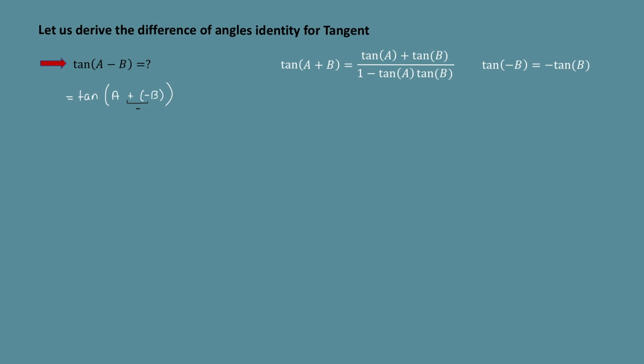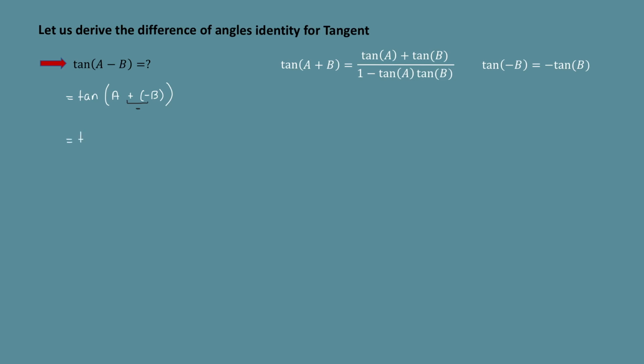But now that I have a plus over here, I can think of adding two angles. The first angle remains the same, angle A. The second angle will be negative B. So A plus negative B. And now I'm ready to apply this identity right here.